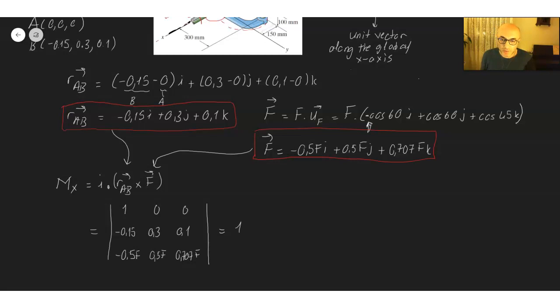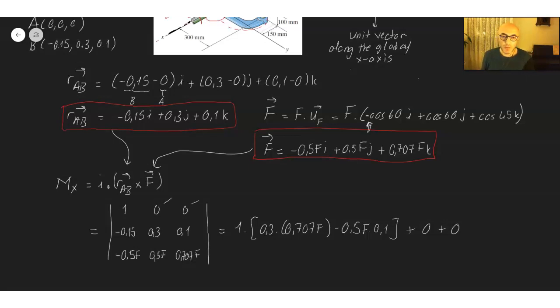So i is 1, and then in square brackets 0.3 times 0.707 F minus 0.5 F times 0.1, and then plus 0 plus 0.